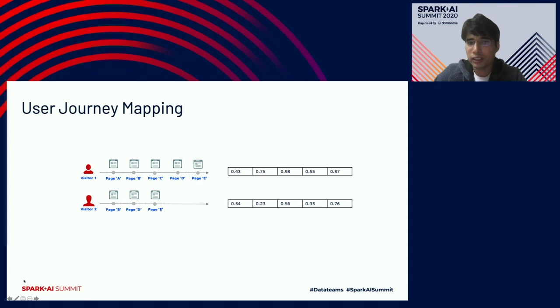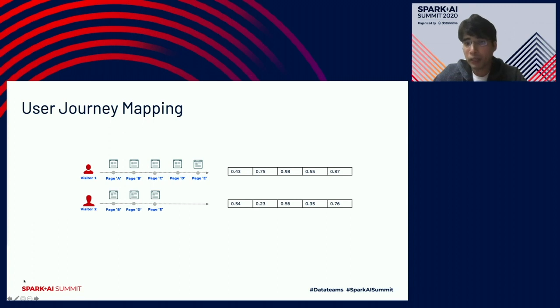For this visitor, we combine the embeddings of these individual pages and represent it with a single vector of size 100, which is nothing but a weighted mean. Similarly, for each user, you have a set of embeddings for those page categories, you take the mean value, you normalize those, and you get the final embedding for each user journey.